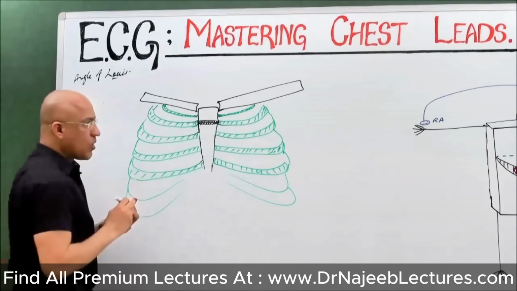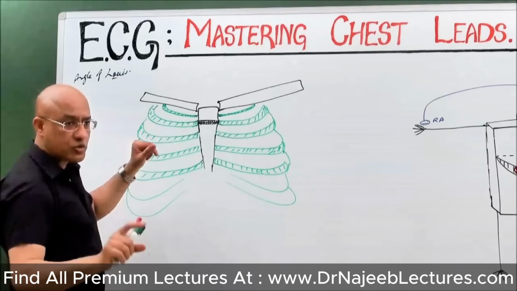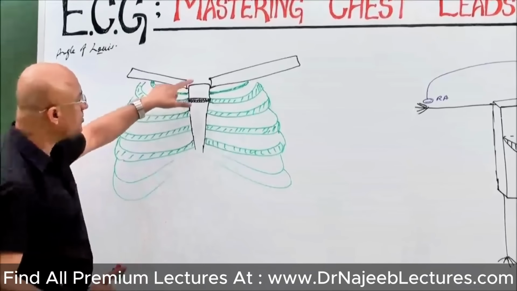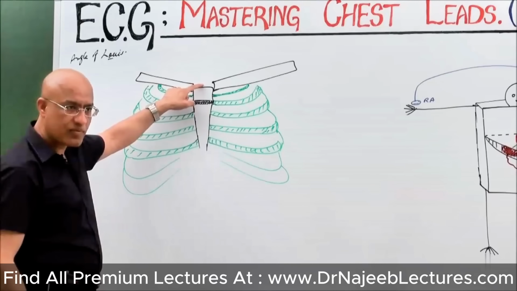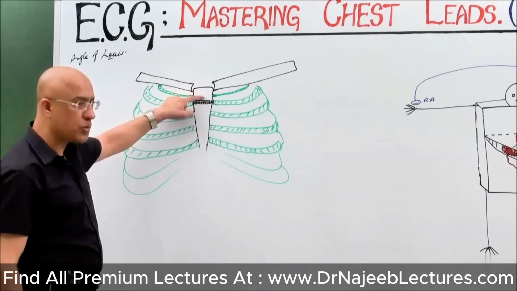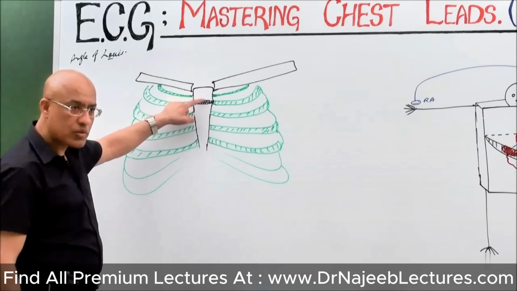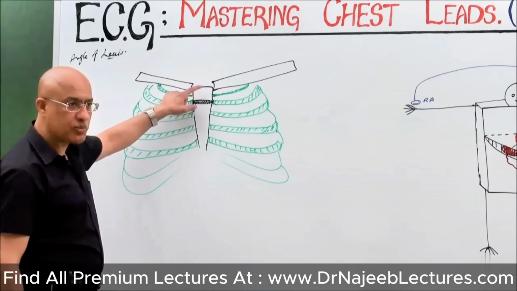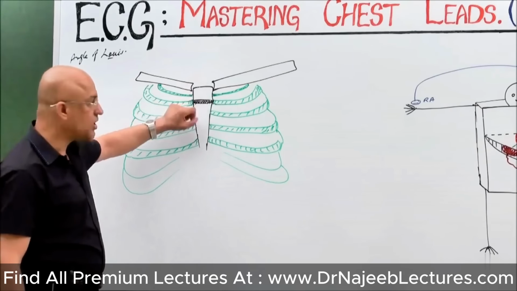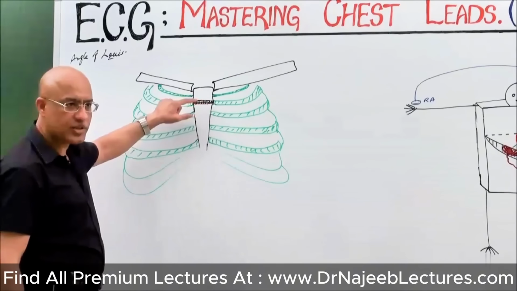Now, how do you identify the intercostal spaces? One of the standard methods is, you put your finger in the patient's sternal notch, and while feeling the bone, you move your finger downward. About 1.5 inch below the sternal notch, you will find a horizontal ridge.